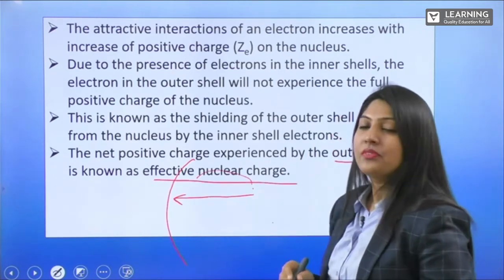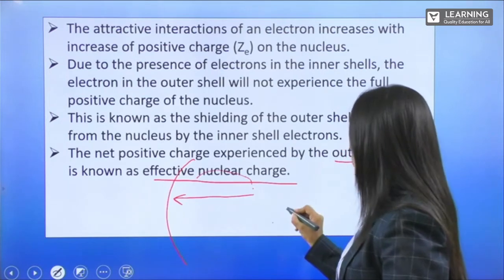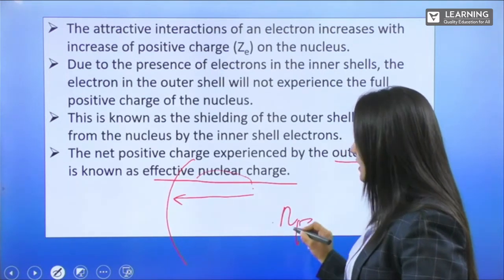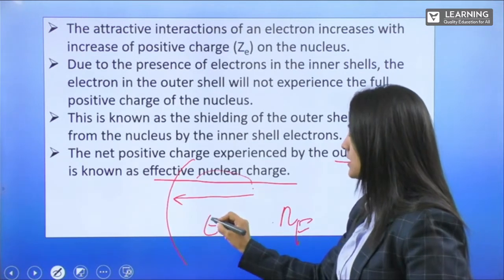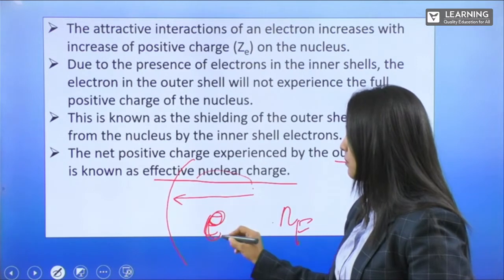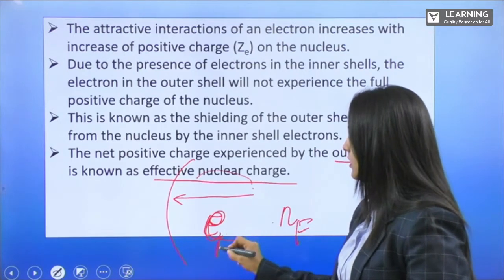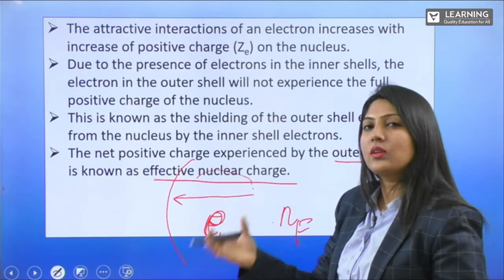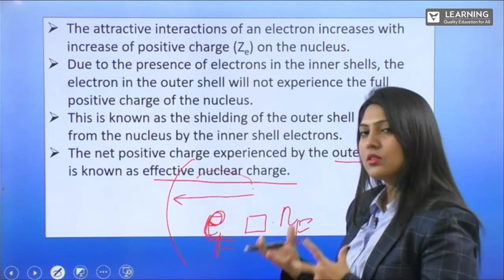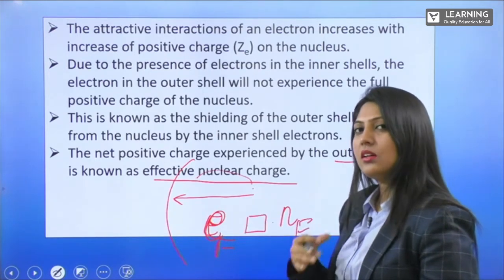The next one is the net positive charge experienced by the outer electrons, known as the effective nuclear charge. That means we have the full charge in the nucleus, and this full charge is not experienced by the electron. If I take the electron, it is not experiencing the complete charge the nucleus has, because some of the inner shell electrons are attracted and it got less.